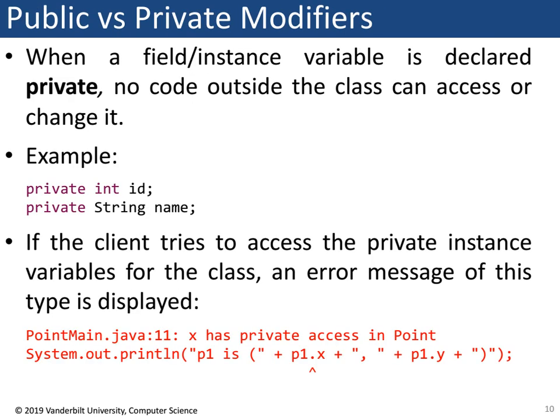So if we did try to access one of these private instance variables inside of a client program, we would see something like this. Instance variable, in this case named x, has private access in, and then whatever class x is defined in. So x has private access in Point.